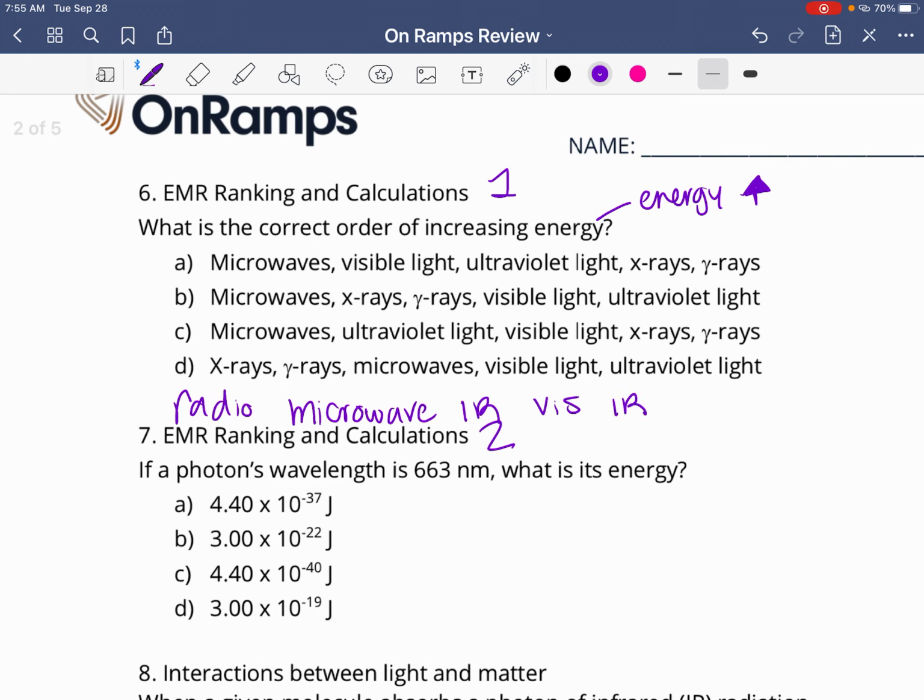Then we have UV. Then we have X-ray. Then we have gamma rays. Okay? So 7 total. In that order is increasing energy.